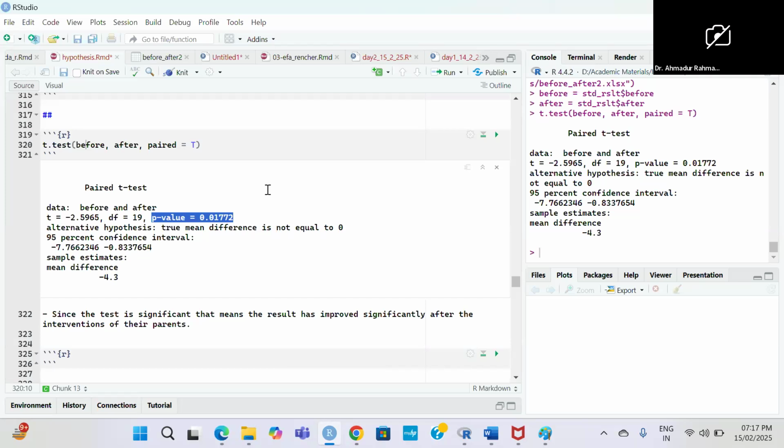Okay, so यहाँ पे since the value is 0.017, we say that the marks before intervention are less than the marks after intervention. ओके, इसको आप अपने तरीके से अपनी लैंग्वेज में किसी भी तरीके से ऐड कर सकते हो, बट यू हैव टू शो दैट देयर इज सिग्निफिकेंट डिफरेंस बिटवीन द टू, एंड आफ्टर इंटरवेंशंस ऑफ देयर पेरेंट्स द मार्क्स ऑफ स्टूडेंट हैज इंप्रूव्ड सिग्निफिकेंटली. क्लियर?